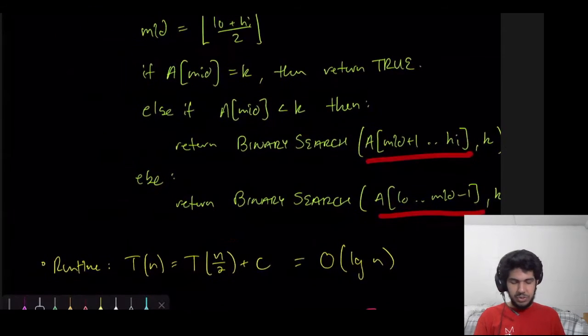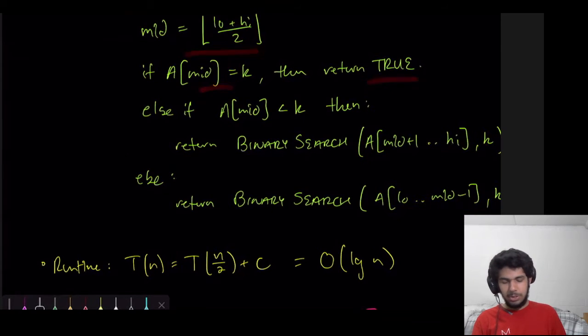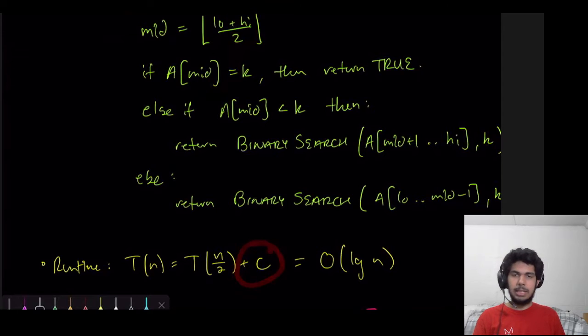That's where this T of n over 2 term comes in. All other operations before it take constant time. If we solve for this, as we did in our recurrence relations example video, that takes O of log n time, which is much, much better than O of n time, which is what linear search takes.